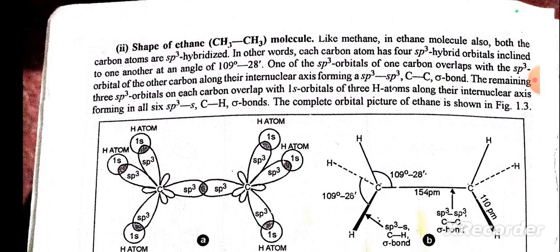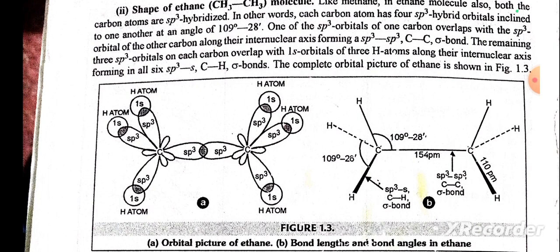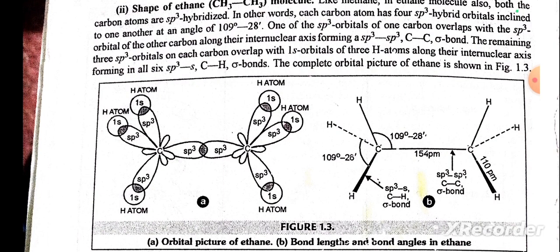Second is the shape of the ethane molecule. Like methane, in the ethane molecule, both carbon atoms are sp3 hybridized. In other words, each carbon atom has four sp3 hybrid orbitals inclined to one another at an angle of 109 degrees. One of these sp3 hybrid orbitals of a carbon atom overlaps with an sp3 orbital of the other carbon atom along the internuclear axis, forming an sp3-sp3 carbon-carbon single sigma bond.